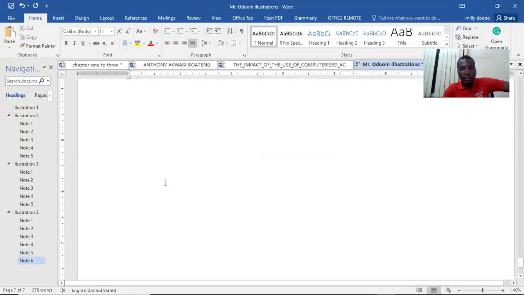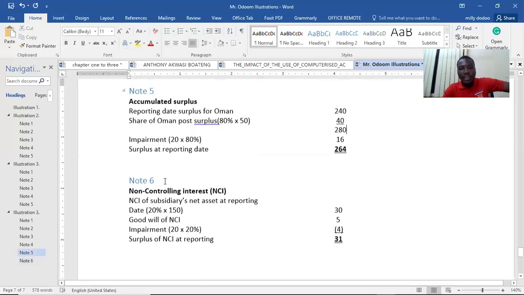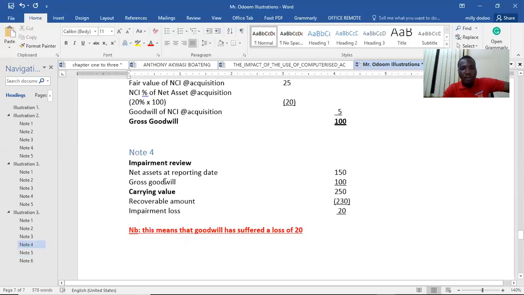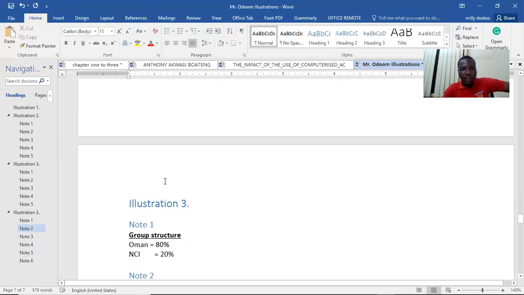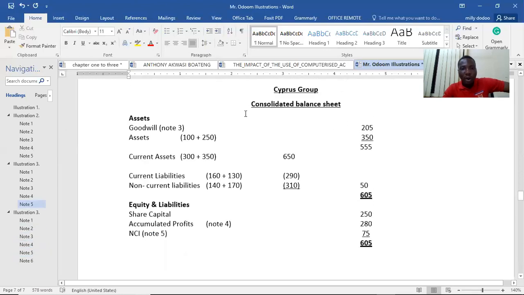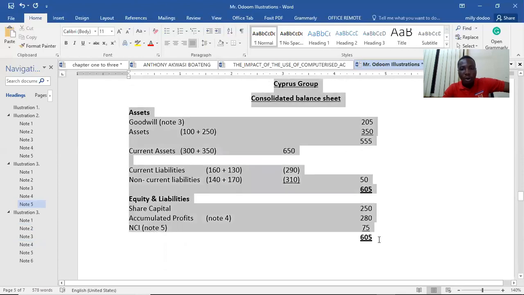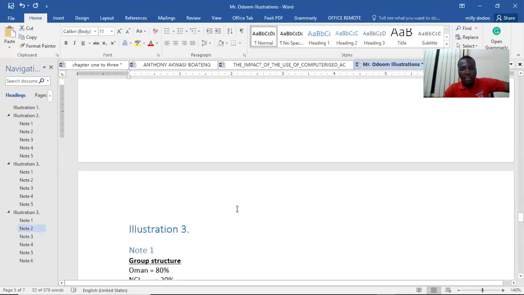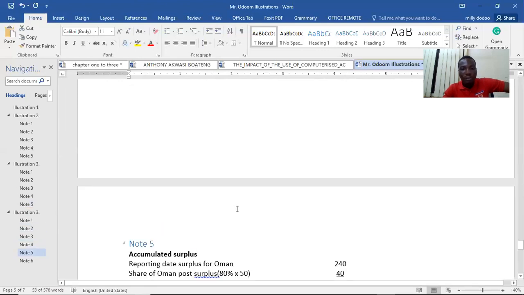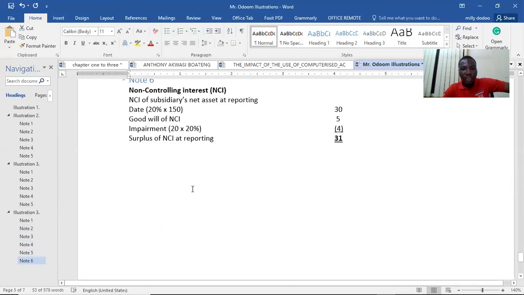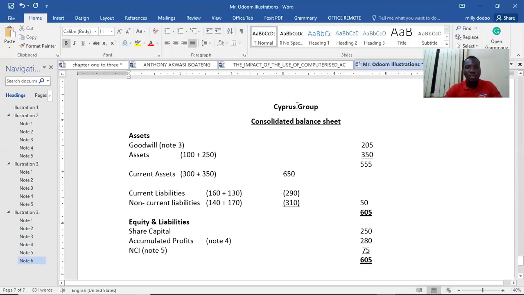Now, the next thing you have to look at is the preparation of your statement of financial position. So let's look at the preparation of the statement of financial position, and this is for Oman Group.